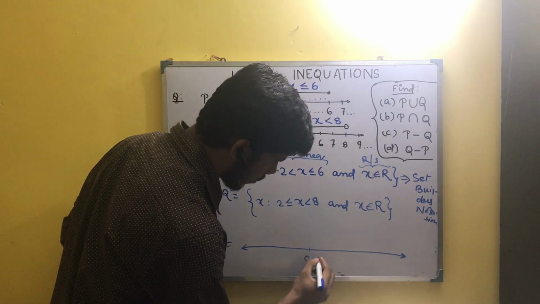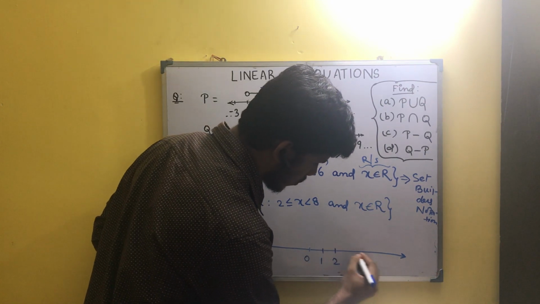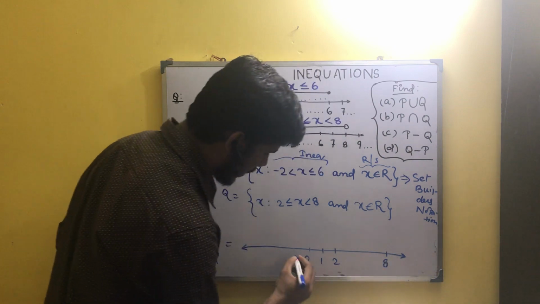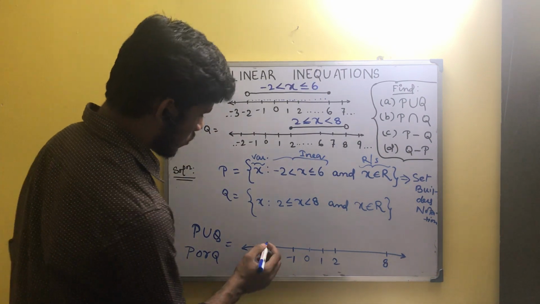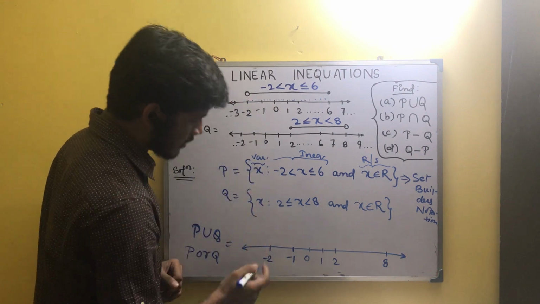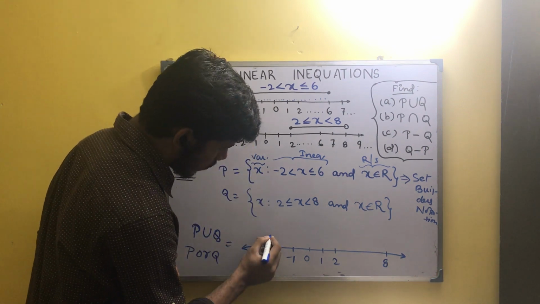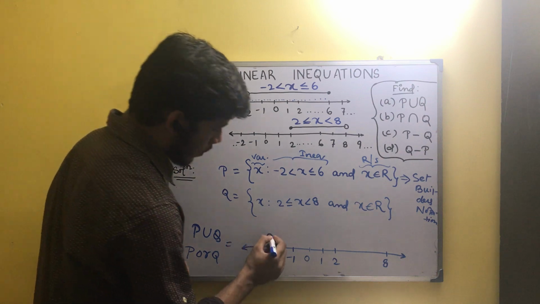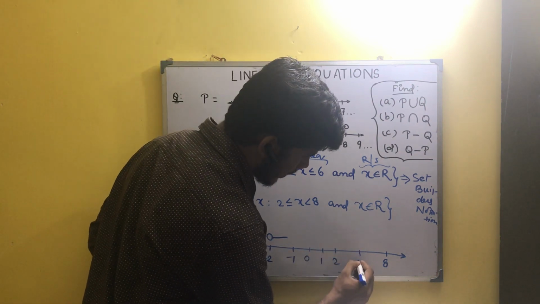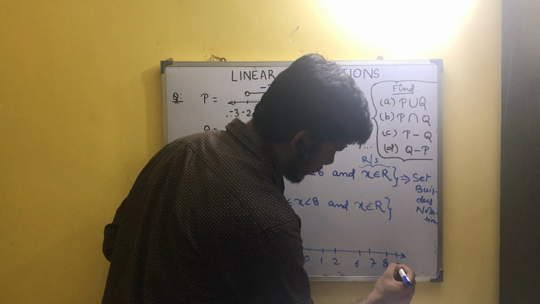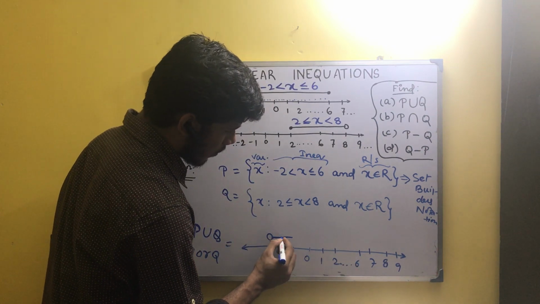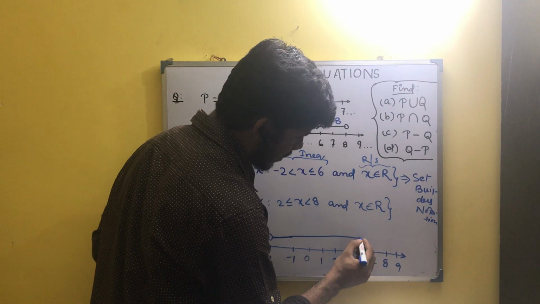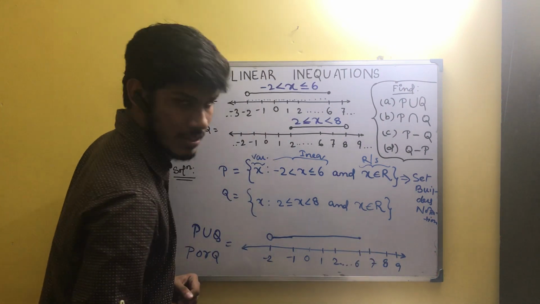So here is 0, 1, 2, somewhere here will be our 8, -1, -2. Since -2 has been excluded here, we will exclude -2. We'll continue. Somewhere here would be 6, isn't it? So first of all, if I try to represent P, this will be P, isn't it?